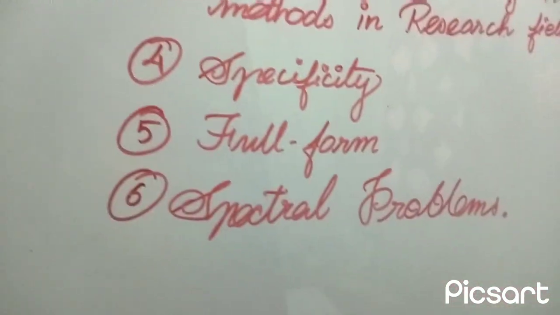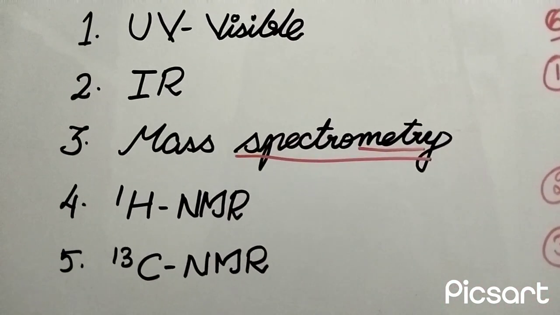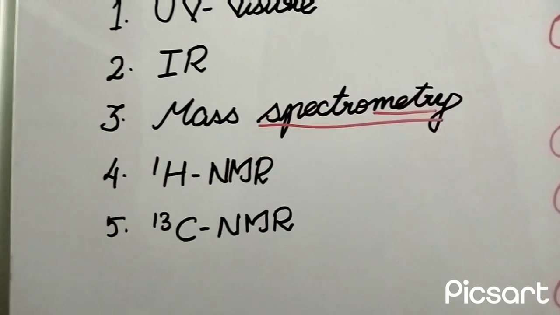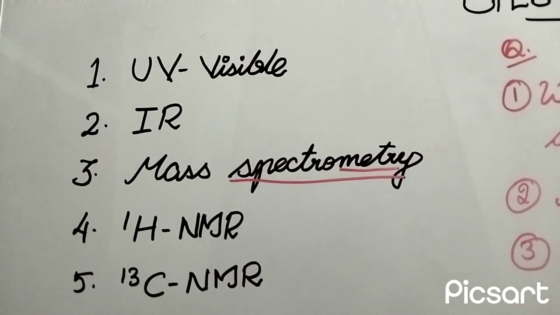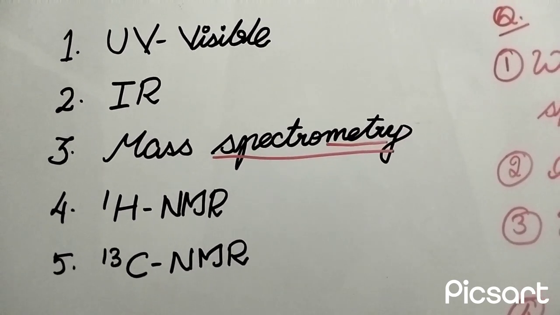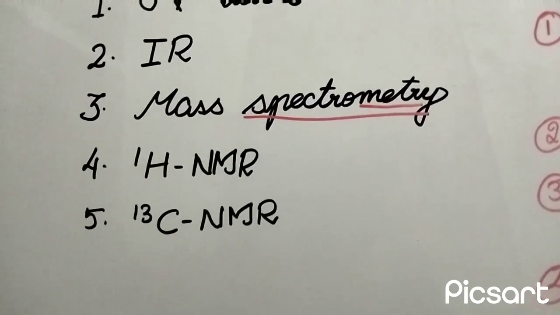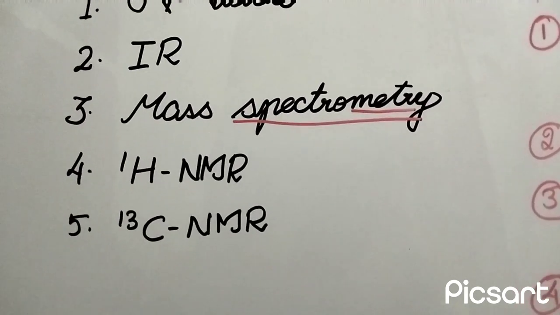And the next is spectral problems. By knowing all these spectroscopy and spectrometry methods, how are we going to solve the spectral problems, and how can we predict a structure? We have to predict a structure through the values which we already studied, or are going to study, of these methods.